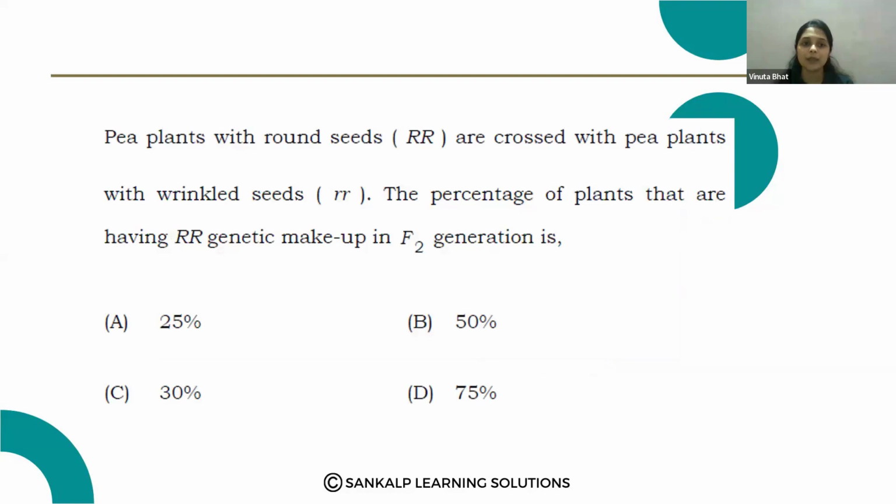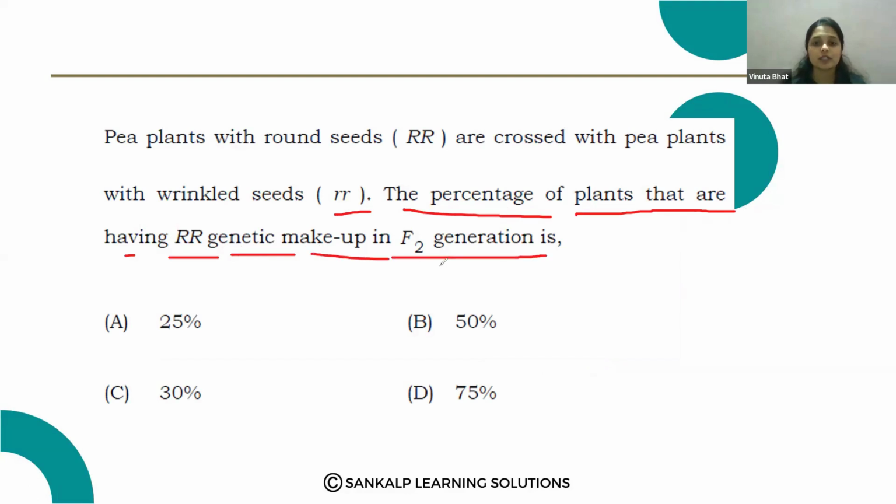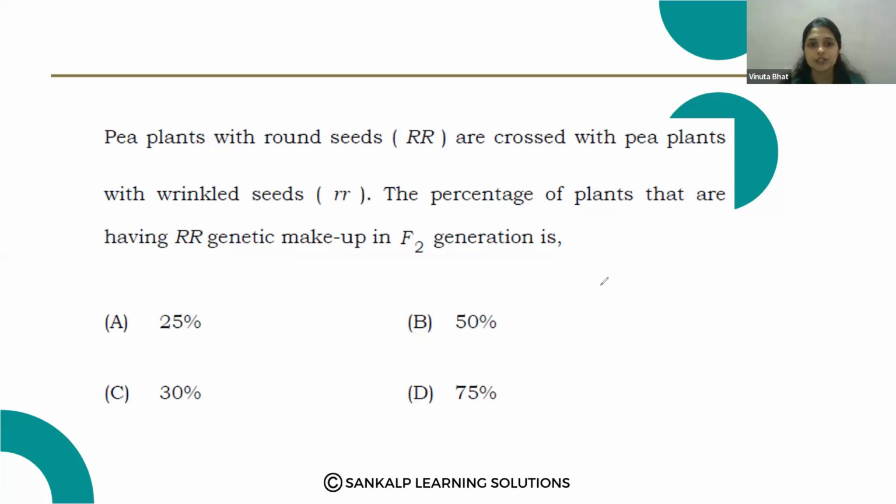Next question. Pea plants with round seeds are crossed with pea plants with wrinkled seeds, small r. The percentage of plants that are having capital R genetic makeup in the F2 generation is, here in the F1 generation, the combination will be capital R, small r.